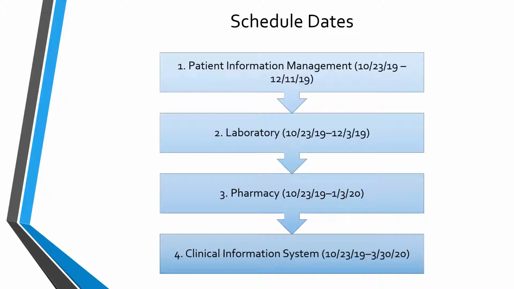The next scheduled date is for Laboratory Systems, which begins October 23rd and will continue through December 3rd, 2019. The third schedule, Pharmacy Systems, will begin October 23rd, 2019 and continue through January 3rd, 2020. The last scheduled date for Clinical Information Systems will begin October 23rd and continue through March 3rd, 2020.